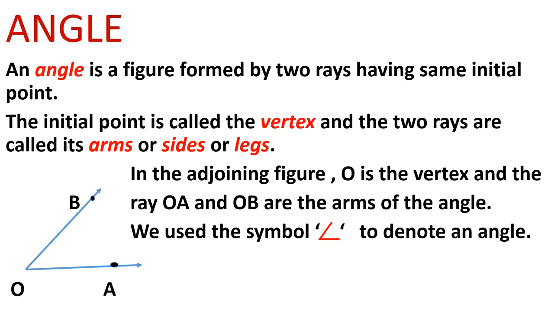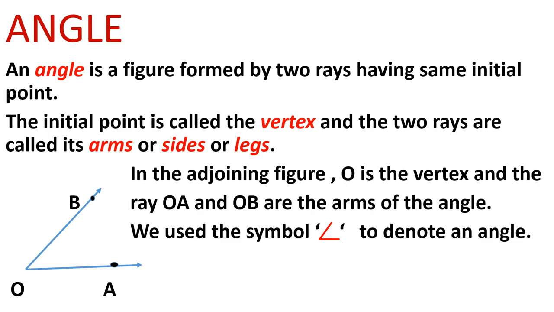The initial point is called the vertex, and the two rays are called its arms or sides or legs. We can say those two rays are arms of the angle, sides of the angle, or legs of the angle. Now see in the figure. This is the angle BOA.